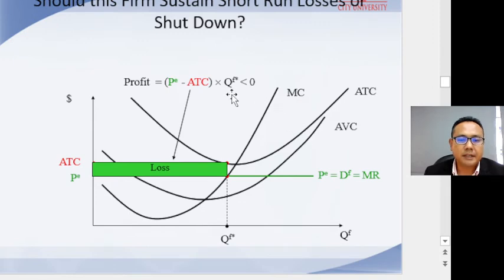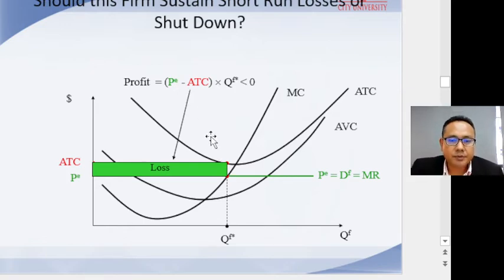So this graph shows us the situation where we can see the average total cost is above the price equilibrium. In this situation, that means the green area is a loss, no longer a profit for the firm.